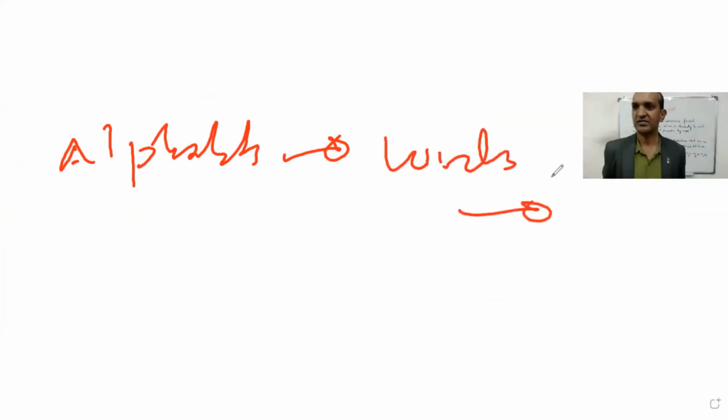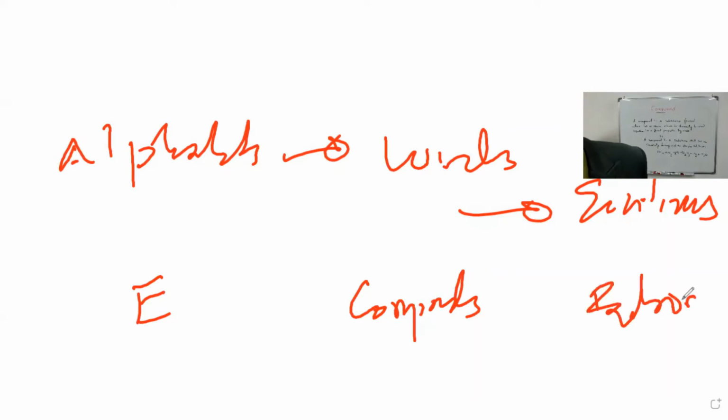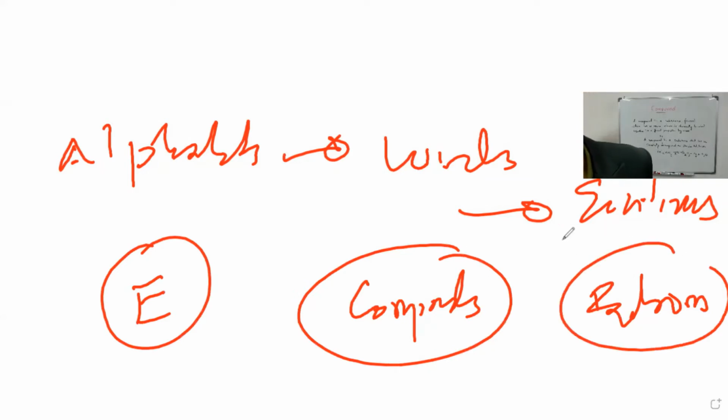And the next level is sentences. Now, in this similar way, if you look at the language of chemistry, elements, compounds, and equations. So there is a strong correlation between them.